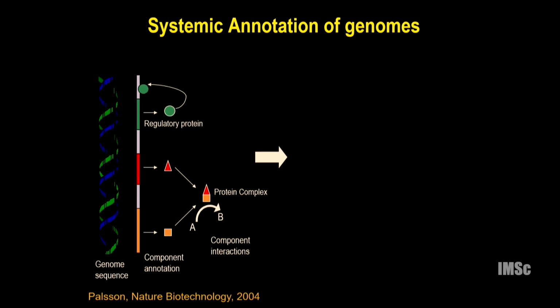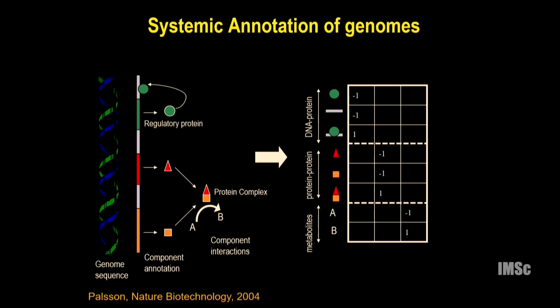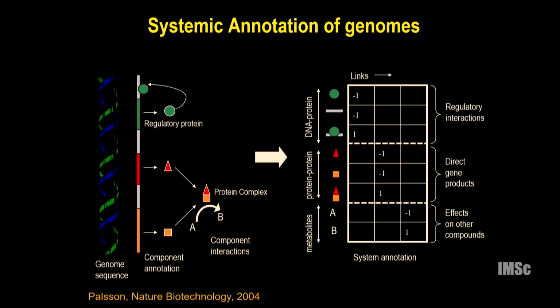Now, what our lab likes to do is represent these in terms of a mathematical formalism. It is quite simple. We look at the components that participate in reactions. That is the rows over here.